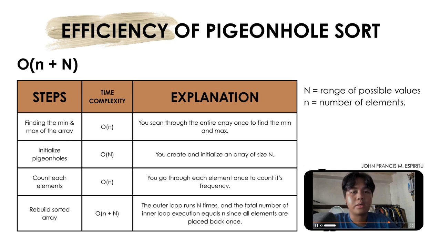Since there are a range number of them, that's O(N), the bigger N, which is the range of possible values.